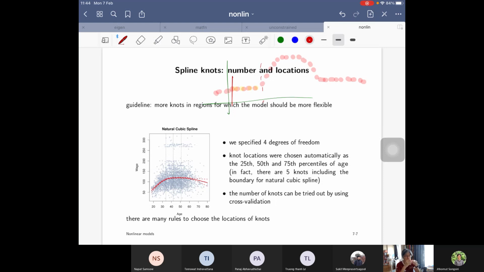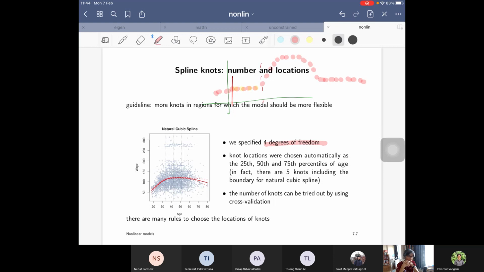That's the general guideline for how you place the knots. But in practice, you may want to come up with some algorithm to choose this for you. In this example, we use the same weight data set, and we specify that we want a spline with total degrees of freedom of 4.